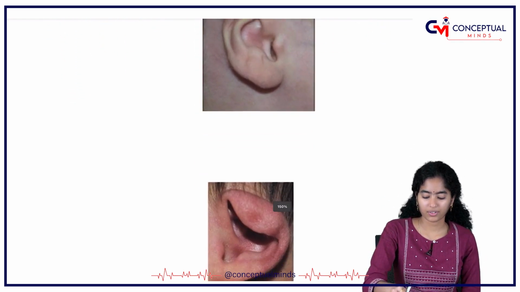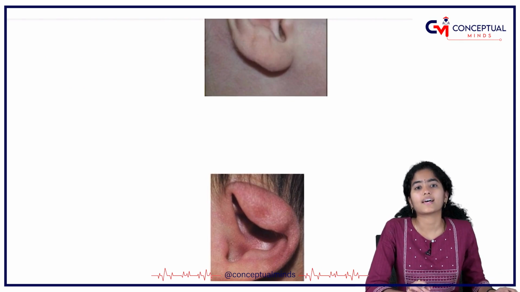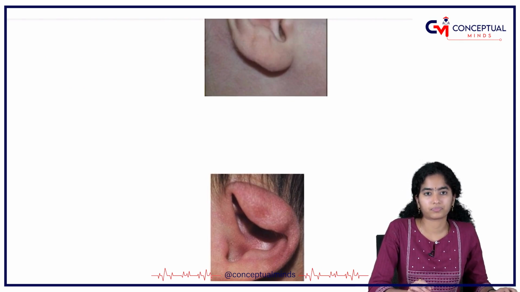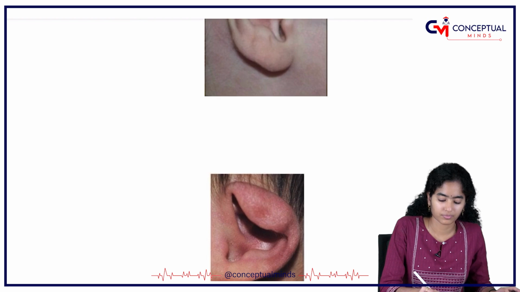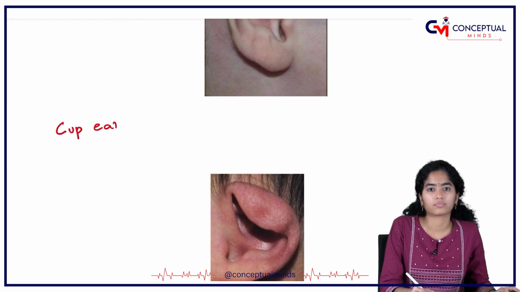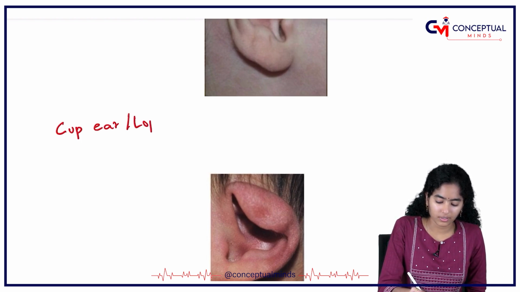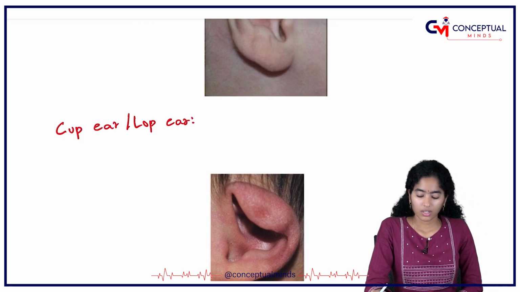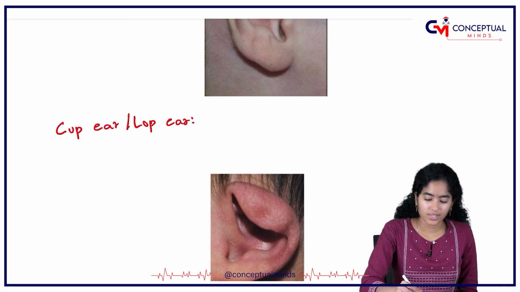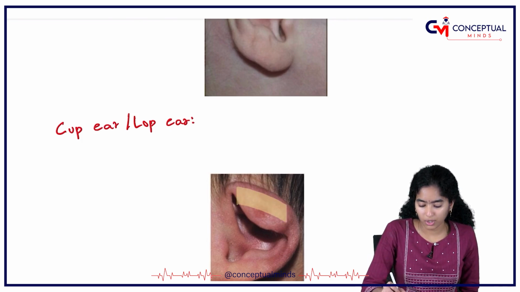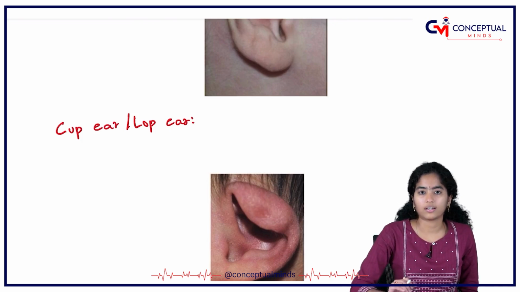Next in the list, we have another condition that is called cup ear. It's also called lop ear. As you can see, the upper part of the auricle folds like a cup.